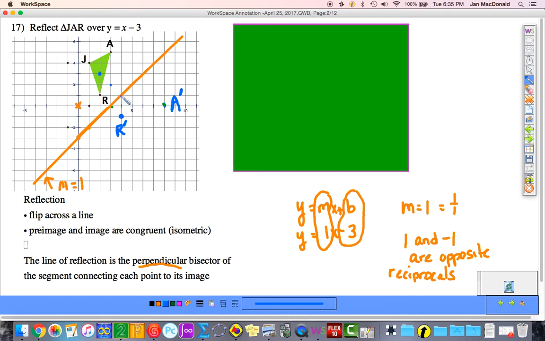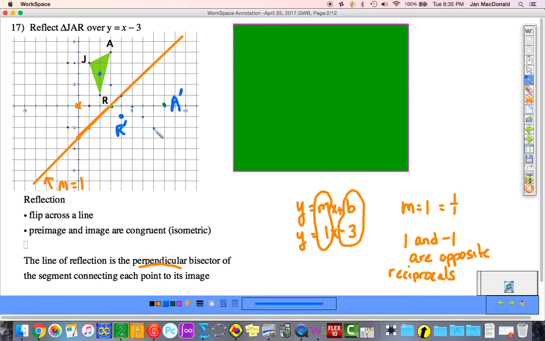Down one, right one. Let's see, so we have 1, 2, 3 diagonal distances until I get to the line. Down one, right one, 1, 2, 3.